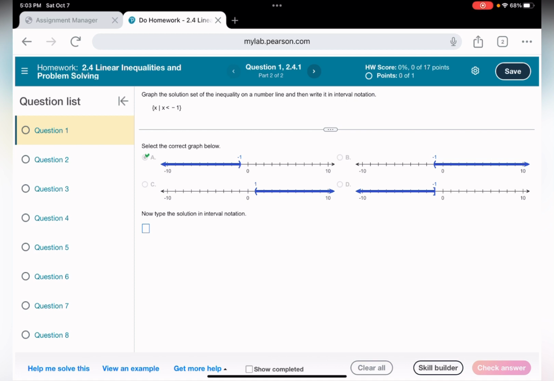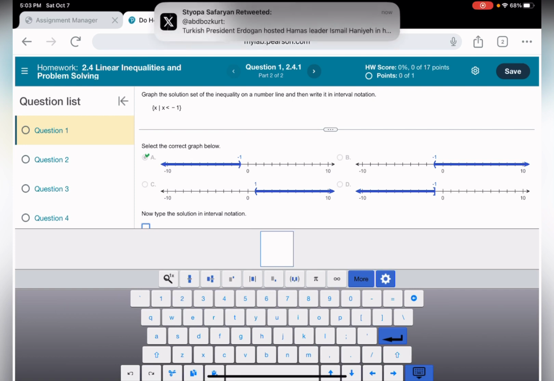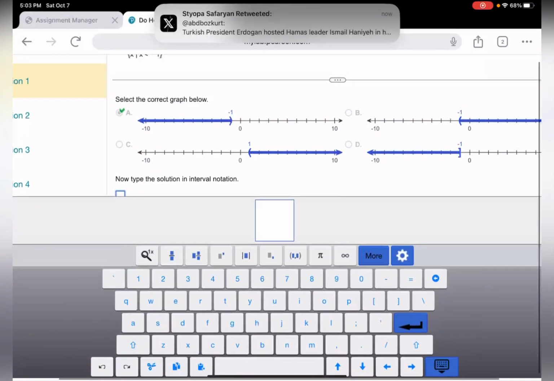Now type the solution in interval notation. All right, that's exactly what we were talking about. To write in interval notation, it is going to be parentheses.